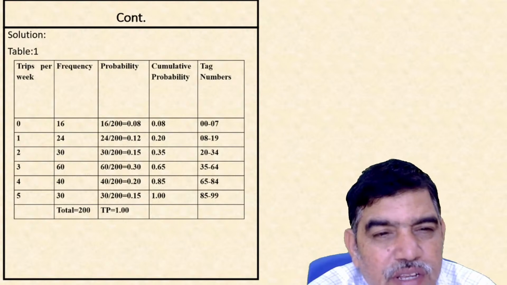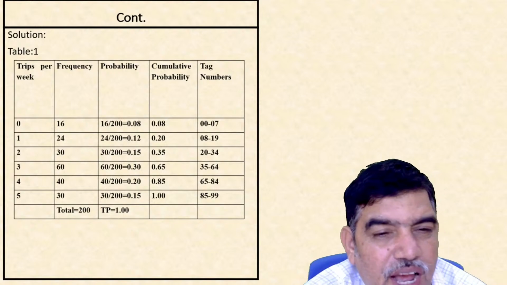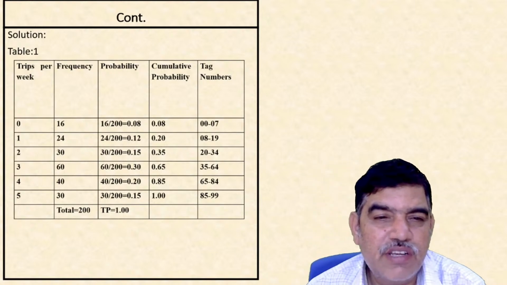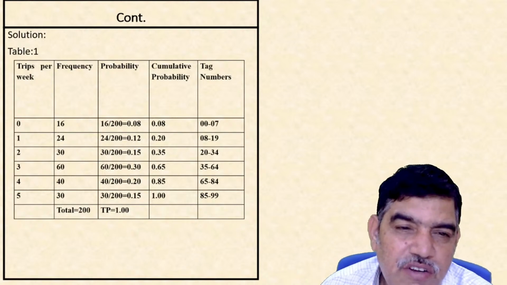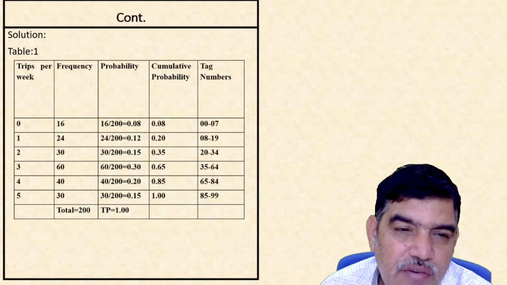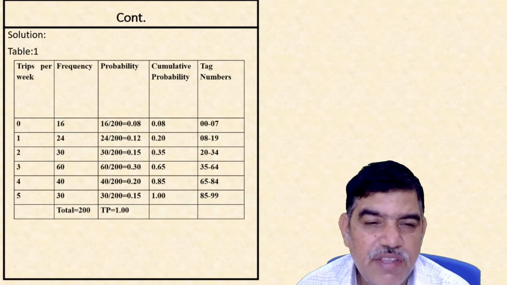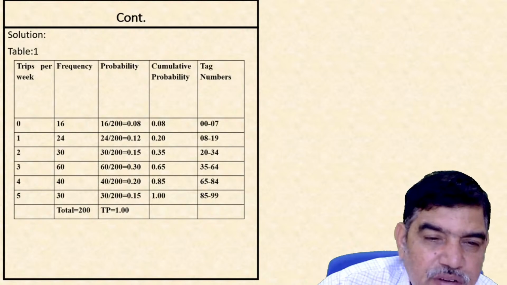After calculating the probability, we have to calculate the cumulative probability. What is cumulative probability? Add all the probabilities one by one in sequence order. The initial point is 0.08. If you add 0.12, it becomes 0.20, then 0.35, then 0.65, then 0.85 up to 1.00.